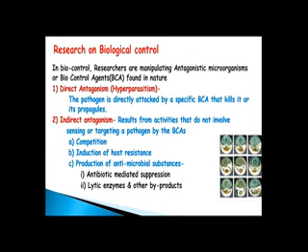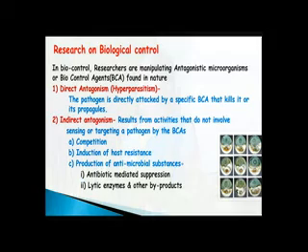Then I will come on to research on biological control. In biocontrol, researchers are manipulating antagonistic microorganisms or biocontrol agents found in nature. So we have direct antagonism and indirect antagonism. In direct antagonism, the pathogen is directly attacked by a specific BCA that kills it or its propagules.